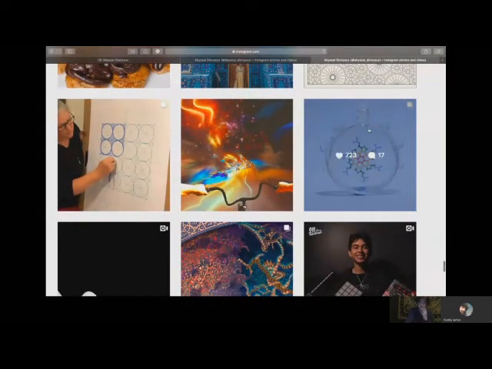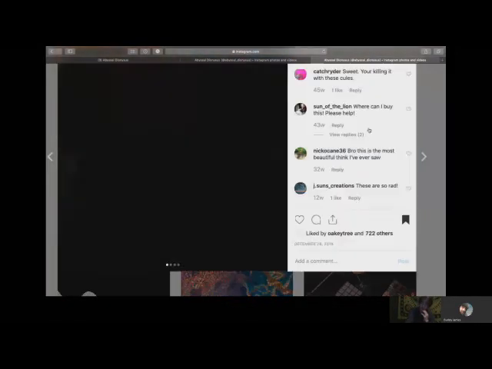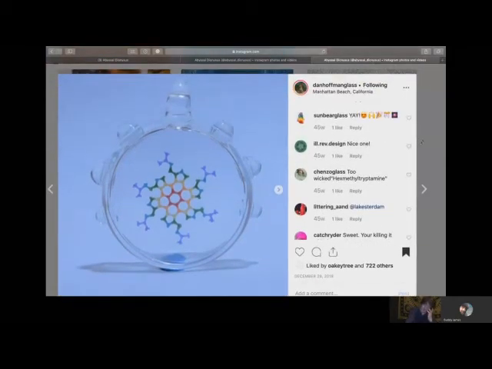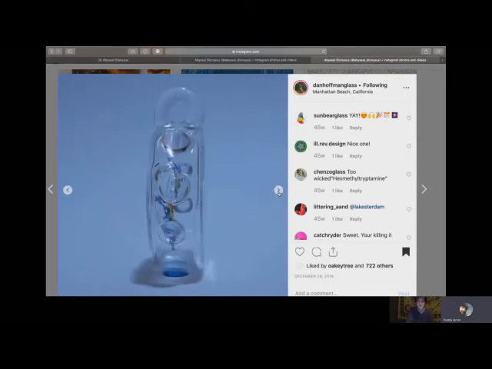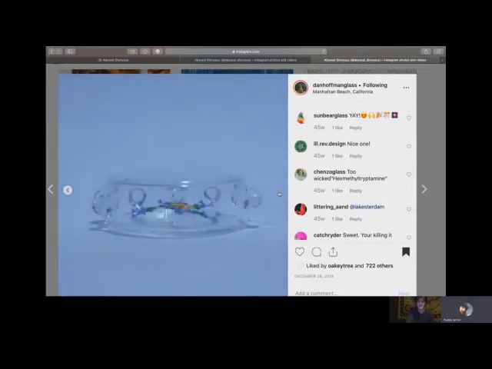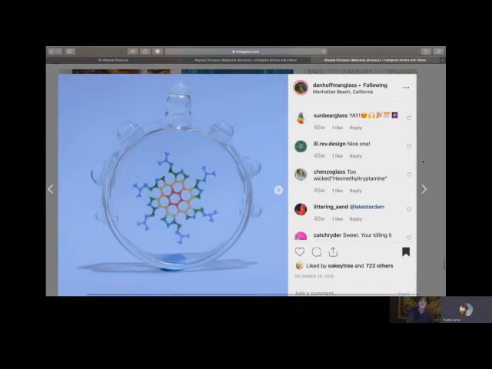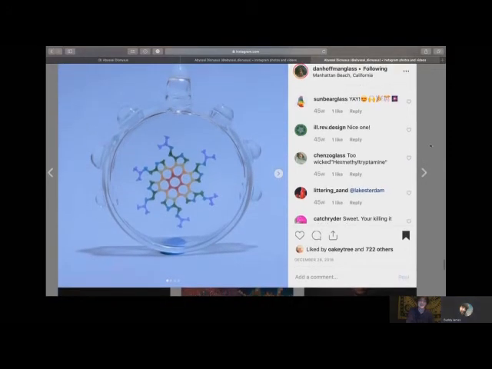I don't know if I've shown you this before. This is the glass worker I was telling you about, Dan Hoffman, and that's the DMT molecule as a mandala. Nice. Is that really what DMT looks like, though? Yeah, pretty much. I've never seen the molecule look that symmetric before. Usually all molecules are asymmetric.